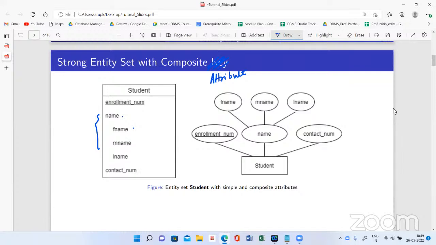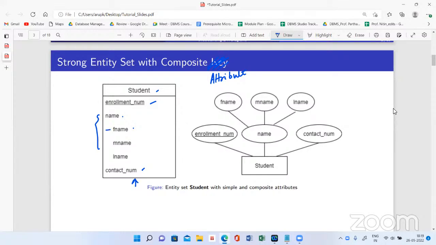I'm saying the student is fine. Student has an enrollment number as a key attribute. Contact number is another simple attribute. But name is a composite attribute. I mean to say the name has three parts: first name, middle name, and last name. This is the way we represent it using this kind of ER diagram symbol.